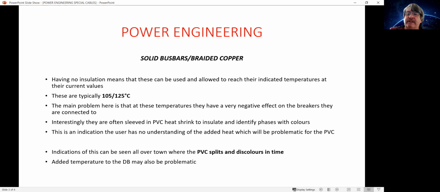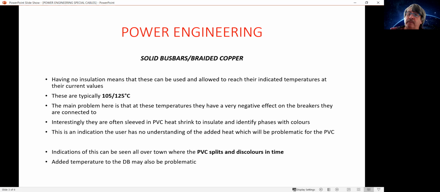Now, there's obviously no understanding of the fact that you've got a piece of bare copper which could reach 105, 125 degrees maybe, and we're going to go and put 70 degree PVC on, which is 70 degrees compliant. So this is very problematic, and obviously the user that does that is not really au fait with covering it with that type of stuff.